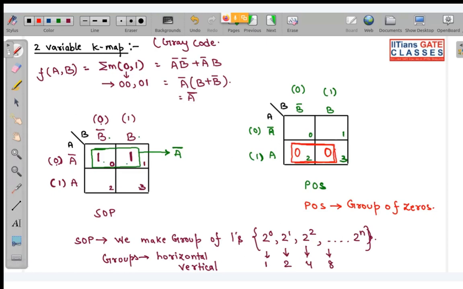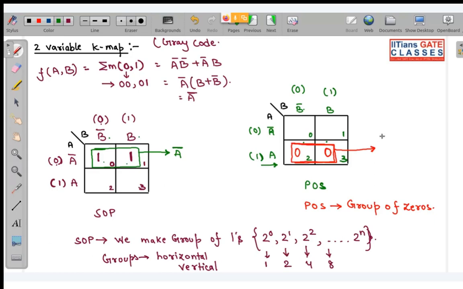Now, when you write the simplified expression, just keep in mind: if you check B in this cell, going in a horizontal fashion, here it is B complement, here it is B. So in B nothing is common, but if you check, A equal to 1 is common.